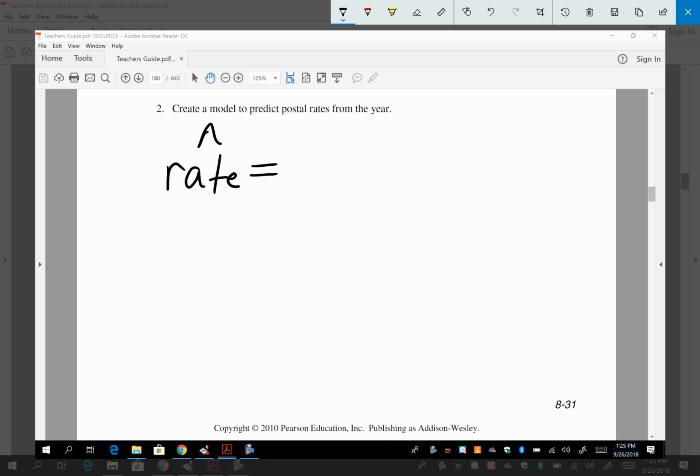What is the y-intercept? Negative 0.64. Okay. Plus, what's the slope? 0.01 times. Now, I'm going to actually write year since 1900.